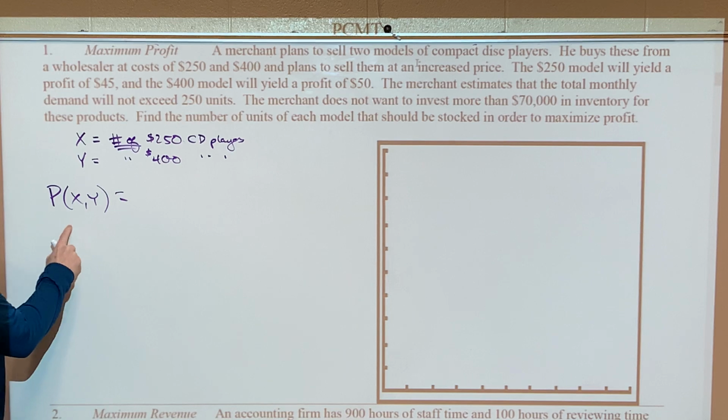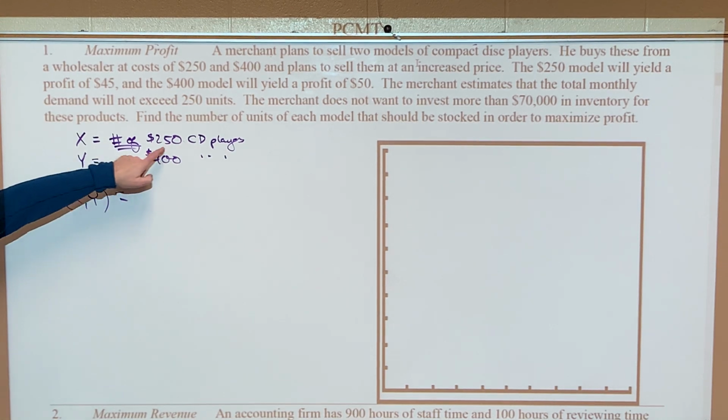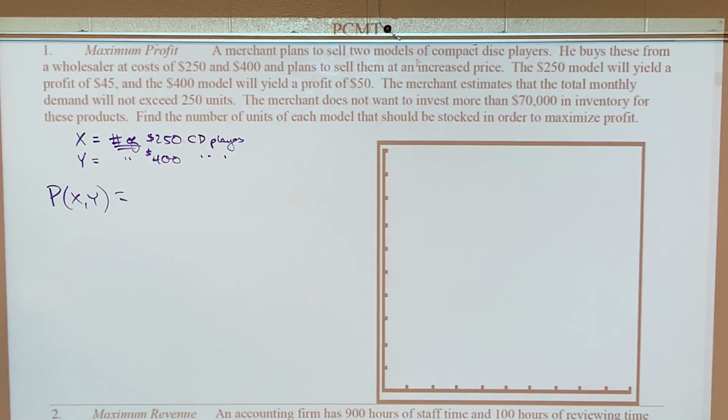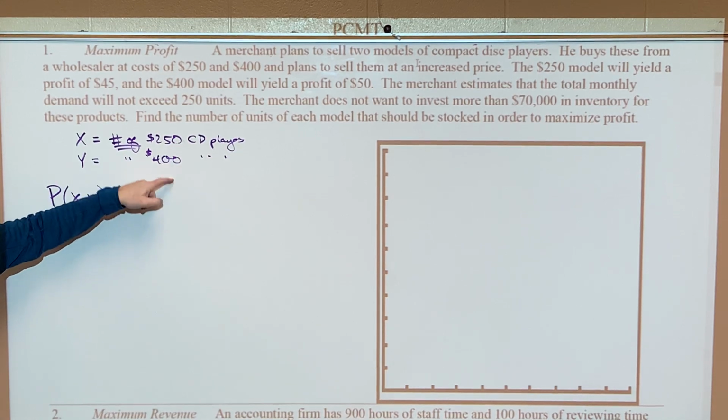And this is how I write a 2 variable function, technically 3, because there's profit and there's X and there's Y. But I'm not just going to write f of X, it's f of X comma Y. What am I making when I sell the $250 CD player? I'm making $45. So technically it's a $295 CD player, but I'm talking about the cost of those. So I'm referencing those directly.